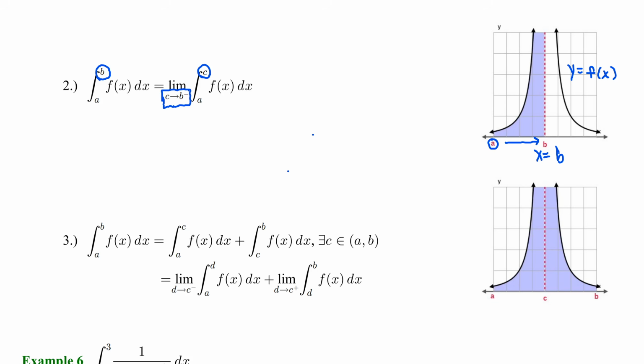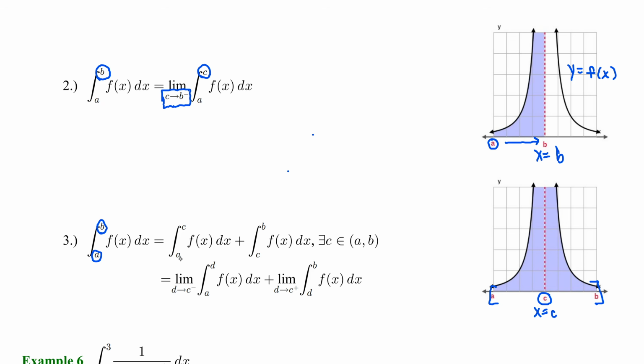Now, one other possibility is you are dealing with an ordinary looking integral from a to b of a function f of x dx. However, somewhere between a and b, there is a vertical asymptote in that function f of x. So what we're going to do is split the interval from a to b into the left side of our vertical asymptote and the right side of our vertical asymptote.